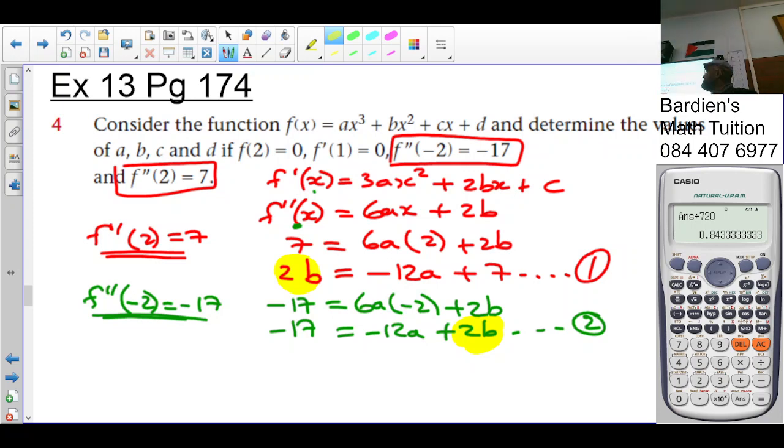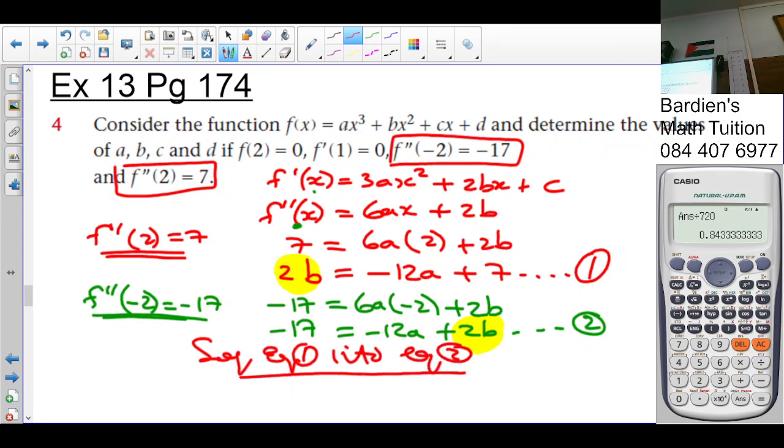That's the same, so we're going to substitute equation 1 into equation 2. Wherever I see a 2b, I'm going to put negative 12a plus 7. So negative 17 is equal to negative 12a plus negative 12a plus 7.